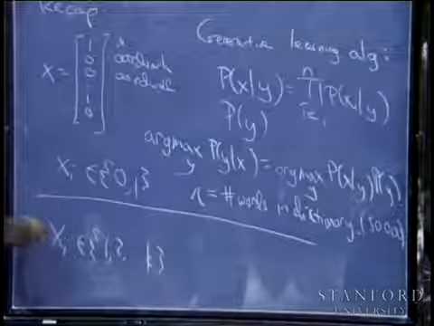So if one of my training examples is an email with 300 words in it, then I represent this email via a feature vector with 300 elements, and each of these elements of the feature vector, let me just write this as x_j, will be an index into my dictionary.